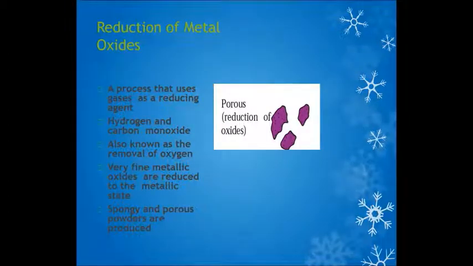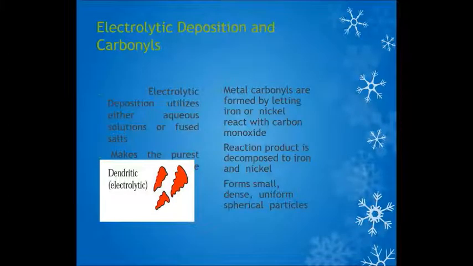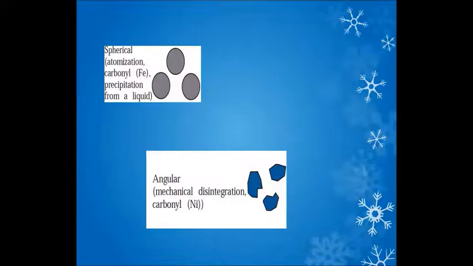Reduction of metal oxide is a process that uses gases such as hydrogen, oxygen and carbon monoxide as reducing agents, also known as the removal of oxygen. Electrolytic deposition utilizes either an aqueous solution or fused salt, and metal carbonyl. Various granule sizes are shown in the diagram.